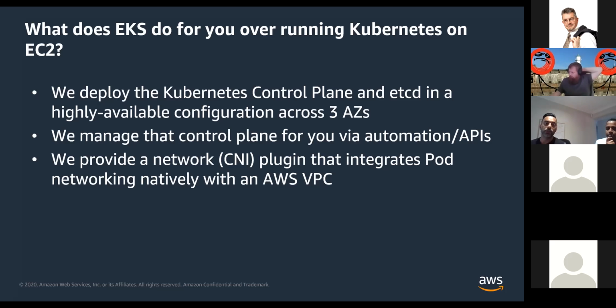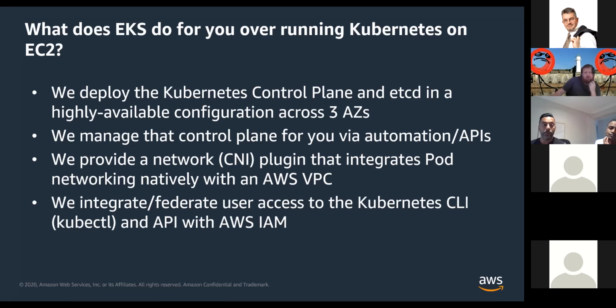What we have done in EKS is we have built a network plugin that sits on top of the nodes that run the pods, and that plugin integrates with the VPC, that is our networking layer, and makes sure that the communication between the nodes, the control plane, and the pods is happening. So you can pretty much control all of that through the EKS API that we have available.